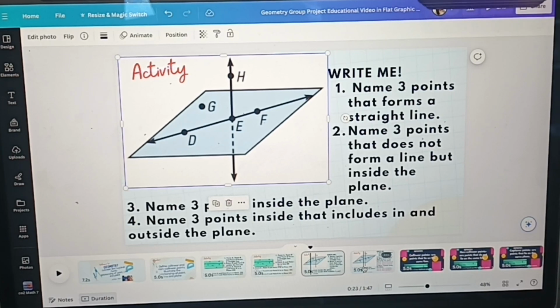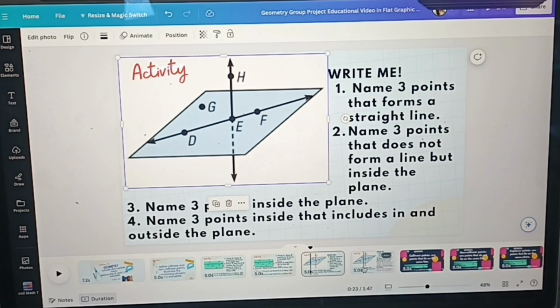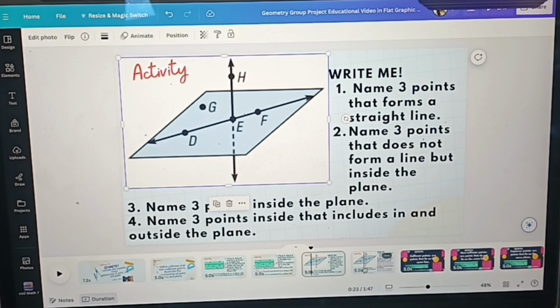If you connect them, they form a straight line. Number 2, name 3 points that do not form a line but are inside the plane.